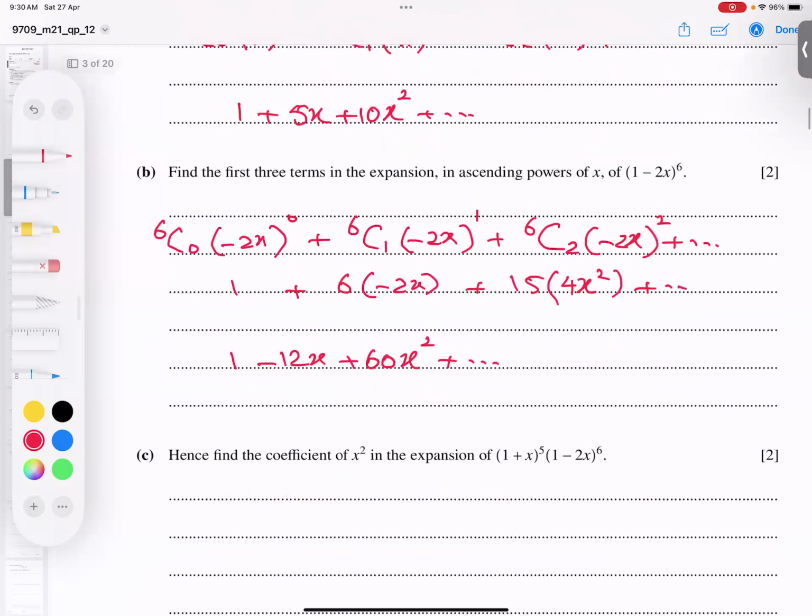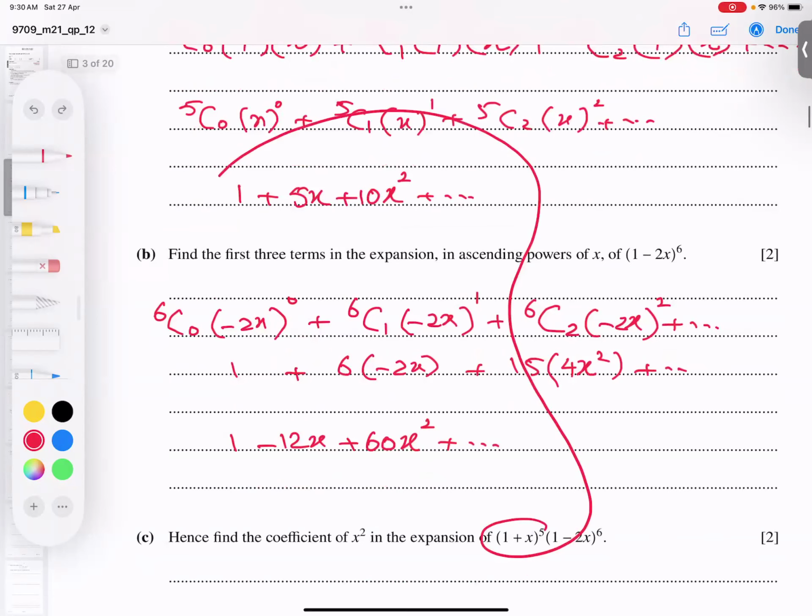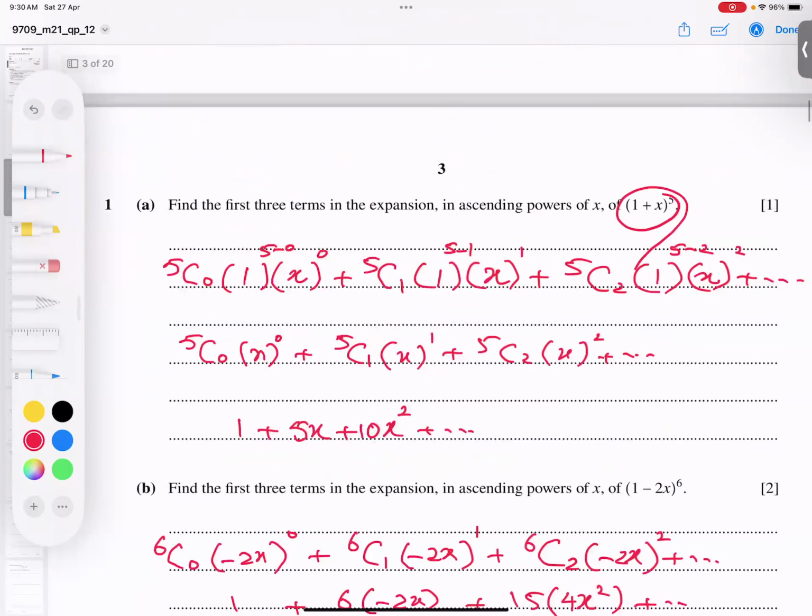Now, what is said next? Find the coefficient of x square in this and this. If you look carefully, students, he got this from the first part, matching. So this and this, he's trying to multiply them.